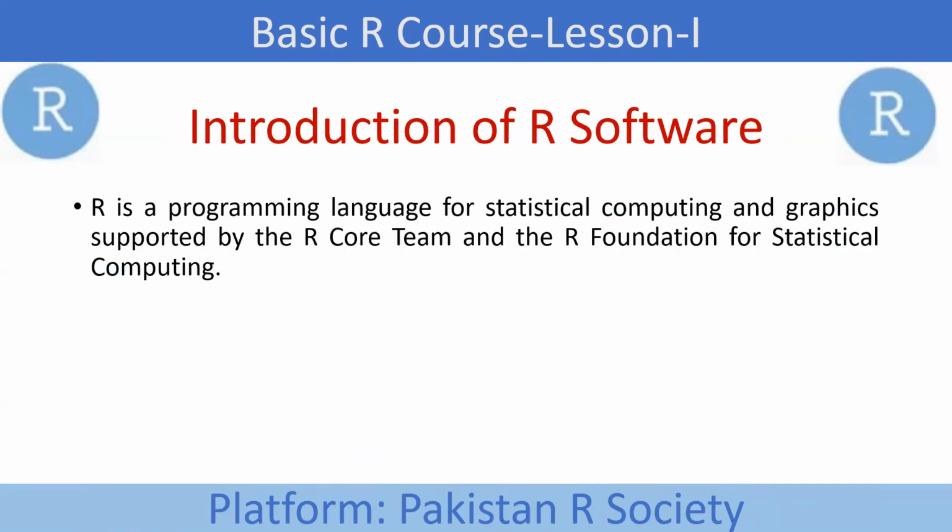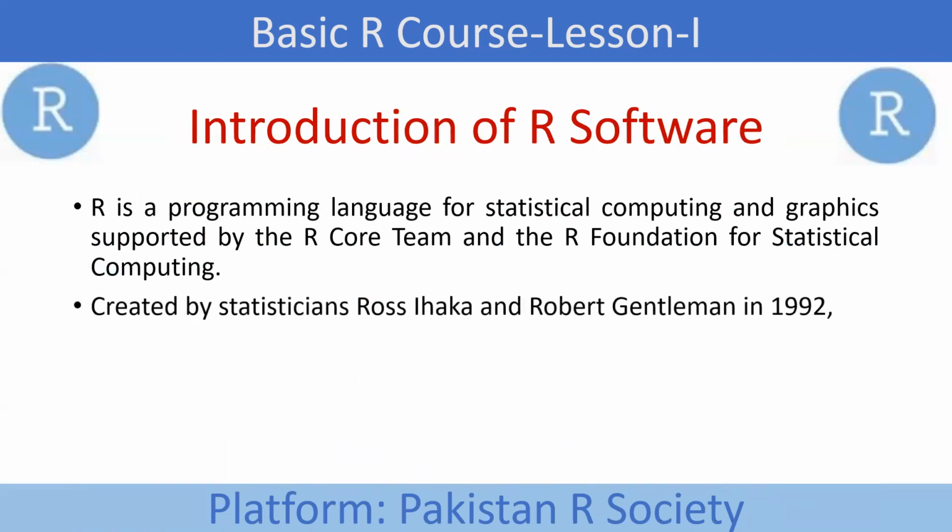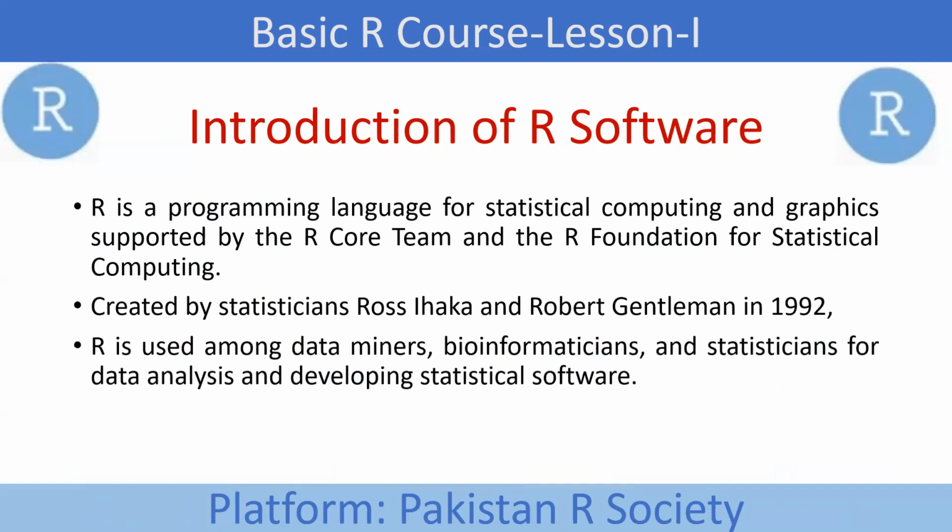So, introduction of R software. What is R software? R software is a statistical language that can do statistical analysis and graphical work. There were two statisticians, Ross and Robert. On the initial names of Ross and Robert, this software was named R. In 1992, this software was developed.